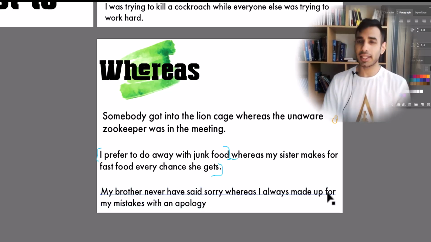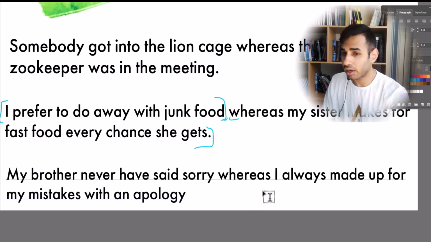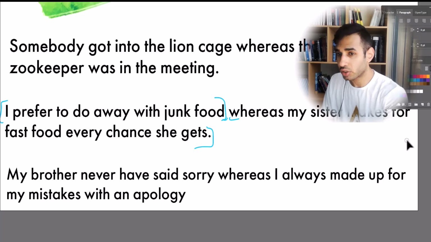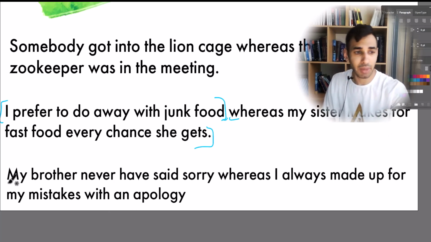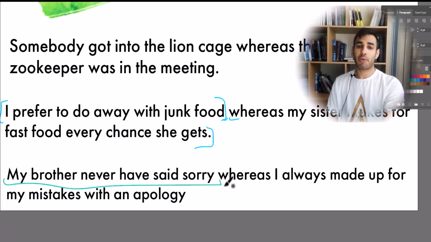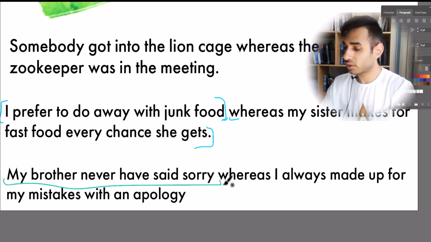Expectation and reality, a contrast between expectation, because I expected my brother to say sorry, and the reality is I always made up for my mistakes by saying sorry to my brother. He never said so. This is my expectation of my brother. And we don't use a comma because the clause beginning with a contrast conjunction is the second clause.